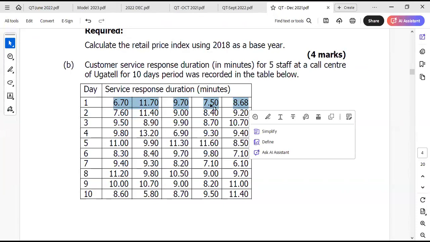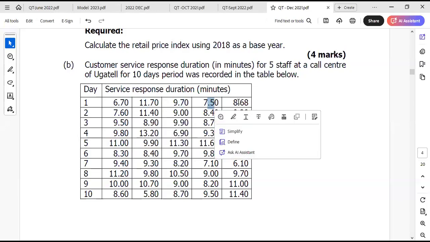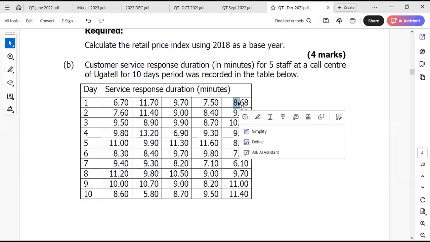You divide by 5. So you open bracket, this plus this plus this plus this plus this, close bracket, then divide by 5. What do you get?